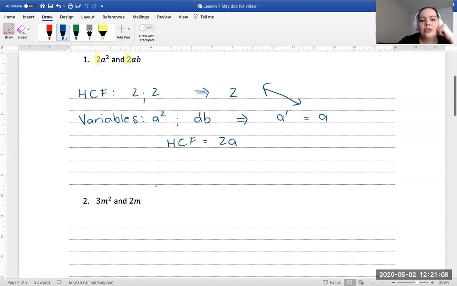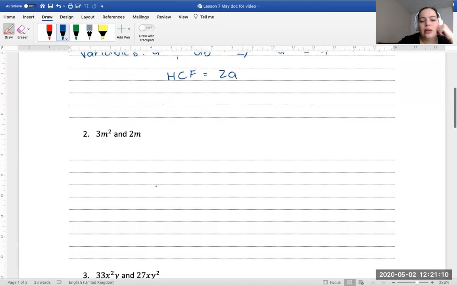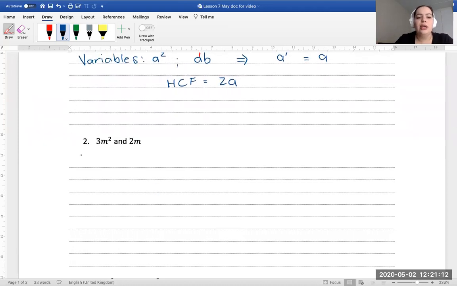All right, let's try example 2. We'll hide example 3 for now, just so we don't get ahead of ourselves. All right, so let's look at our numbers. So we've got a 3 and we've got a 2. And if we think about this, let's think of all the factors of 3.